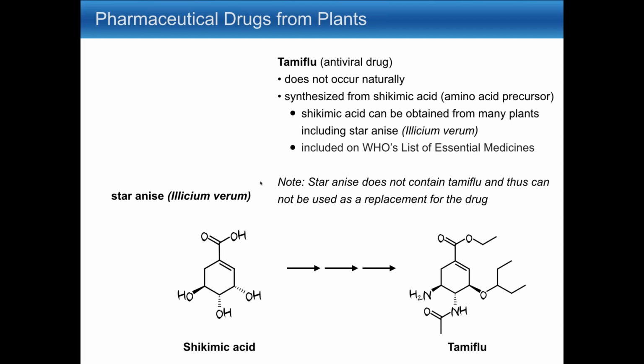It may have antiviral properties and it may not. I'm not really sure, but you can't assume that you can use it interchangeably. If someone has the flu, taking star anise may not do anything. Could be better, could be worse. I have no idea. Okay.